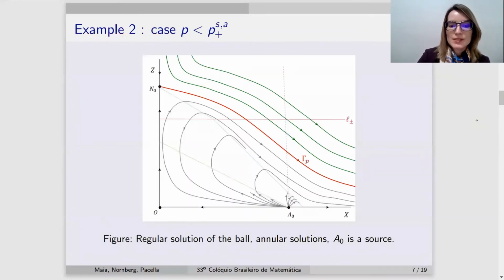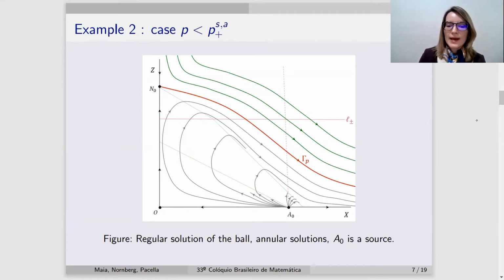But we can also see this theorem working with the dynamical system approach directly, because in the case that we have P less than PS A plus, let us consider for instance the operator M plus. We know that in this case A0 is a source.